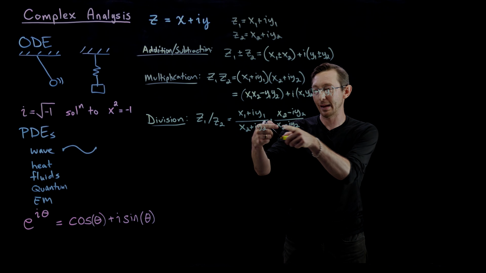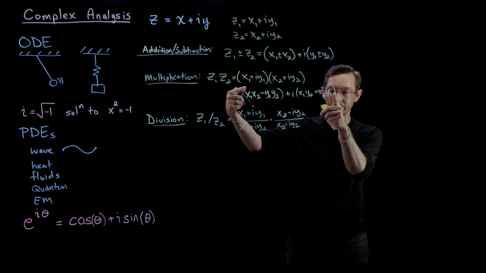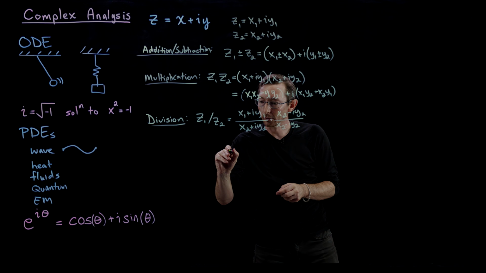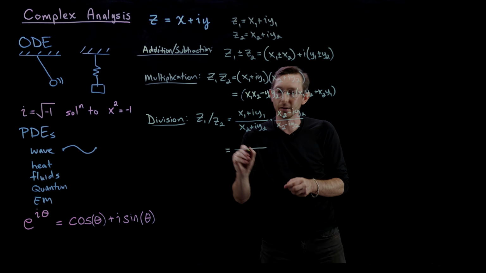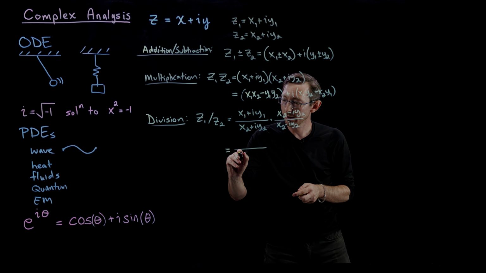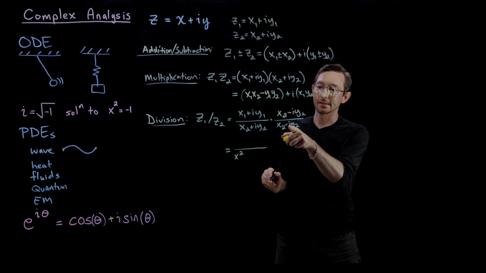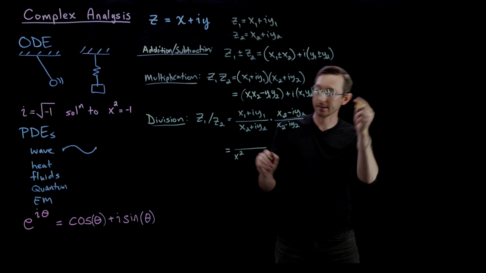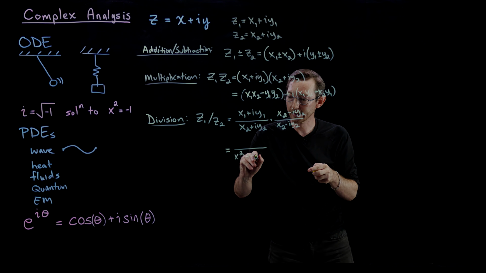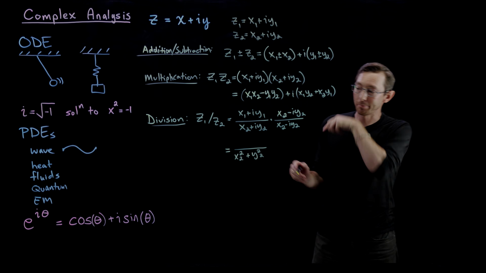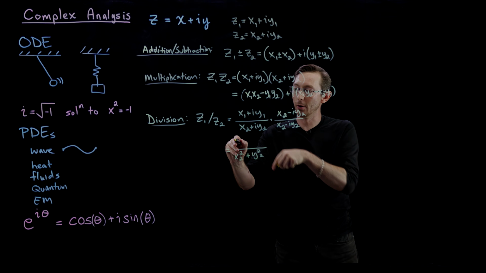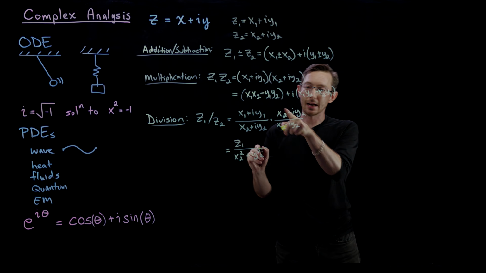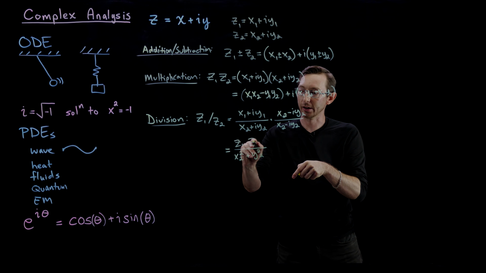So if you expanded this all out, just like here, you would find that on the denominator this equals x squared minus i squared, that's minus minus, that's plus, y squared, and this is x2 and y2. And on the top, I'm just going to say that this is z1 times z2 complex conjugate.